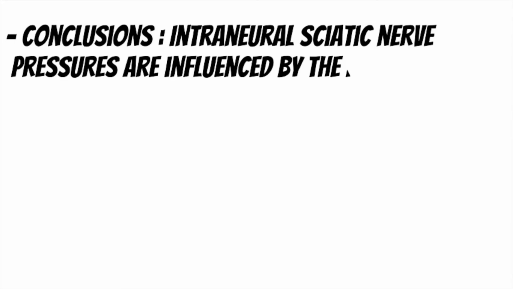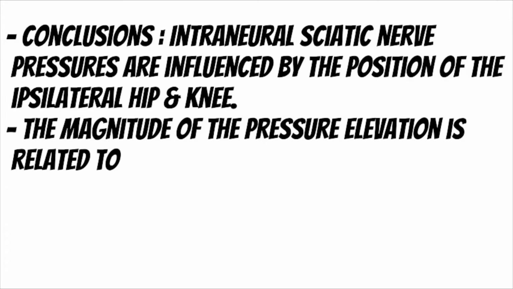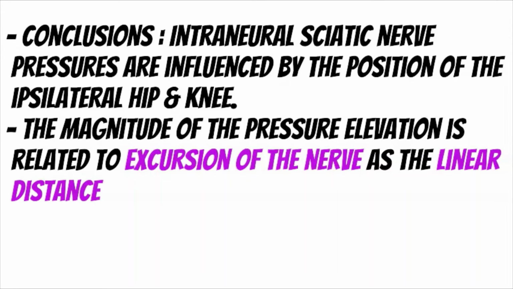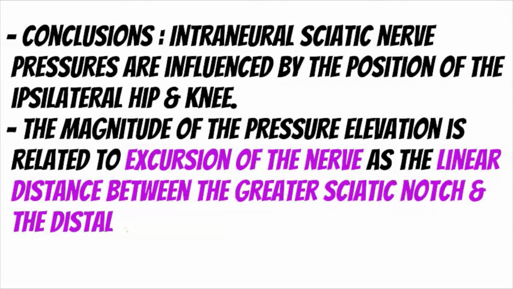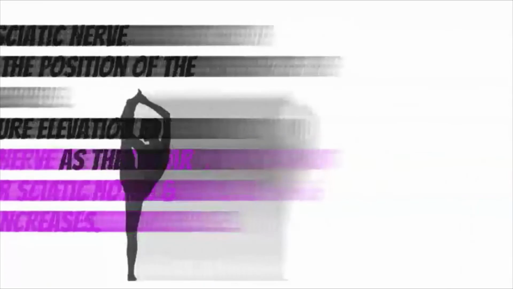The conclusion: intraneural sciatic nerve pressures are influenced by the position of the ipsilateral hip and knee. The magnitude of the pressure elevation is related to excursion of the nerve as the linear distance between the greater sciatic notch and the distal aspect of the leg increases.